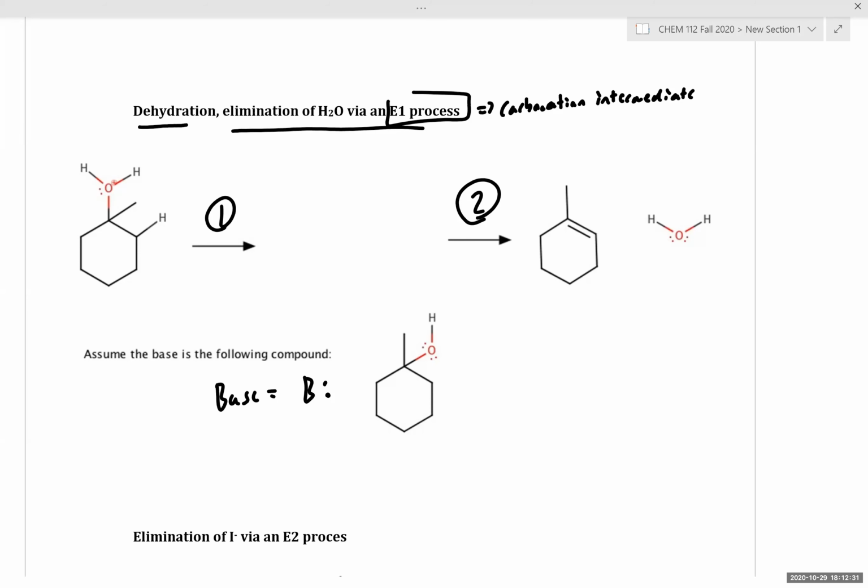So we know the E1 process involves generation of a carbocation followed by elimination. So we have our first step. And what would our intermediate look like then?